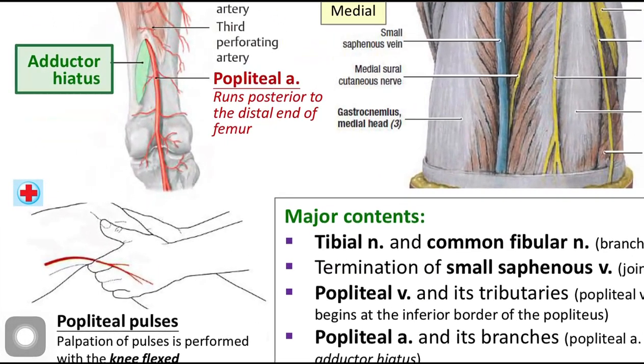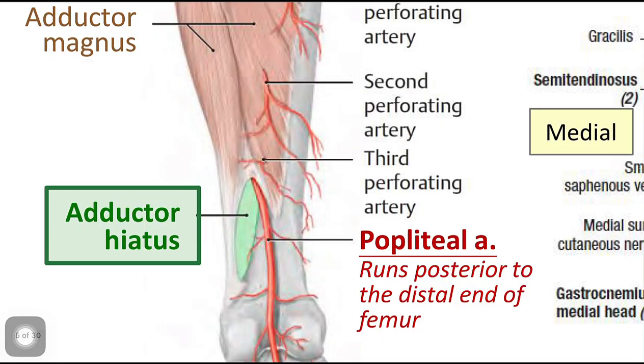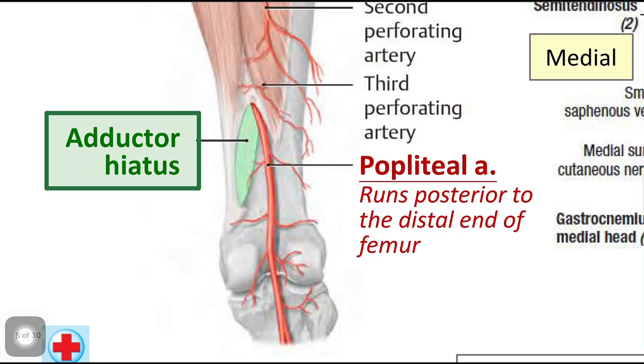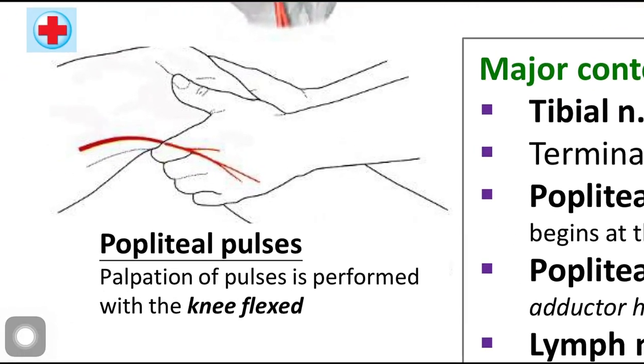So here, I hope you have an idea that this popliteal artery is actually very, very deep. You can consider it as running right on the surface of this part of the bone. Very deep. So that's why when you are asked to feel the popliteal pulse, if the knee is extended, all the muscles are tightened, right?